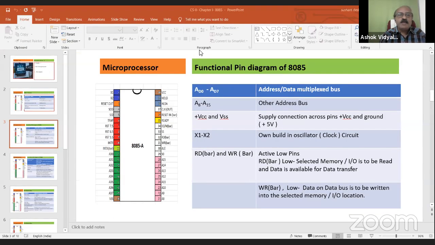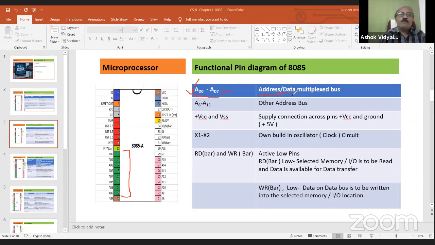Therefore, the name AD0 indicates that it is used as an address or it can also be used as data. So AD0 to AD7 is a multiplexed bus. Multiplexed means the same thing can be used for two different options.